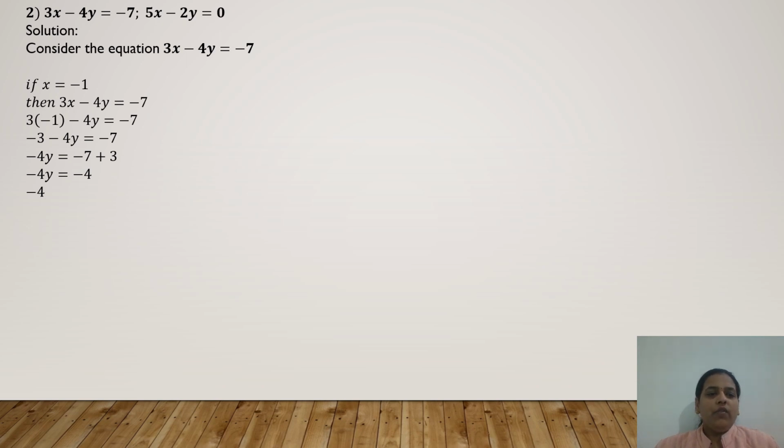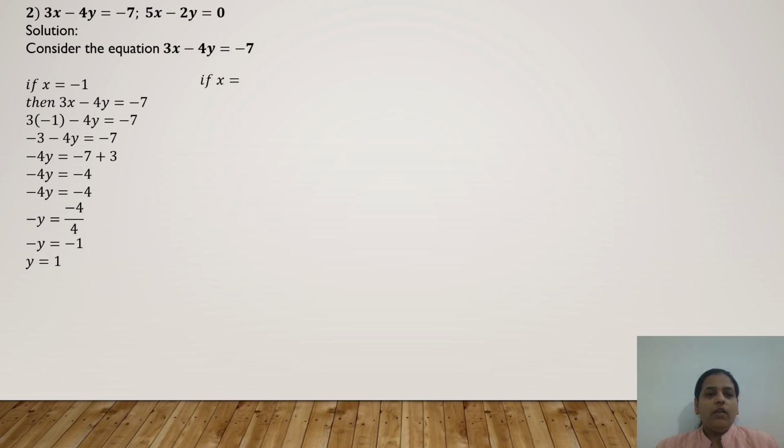Then minus 4y is equal to minus 4, so minus y is equal to minus 1. Then y is equal to 1. That means if x is equal to minus 1, then the value of y is 1.